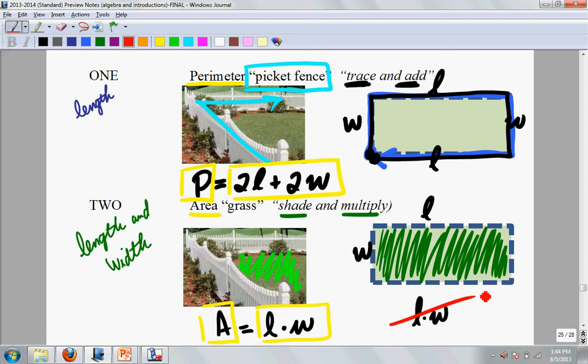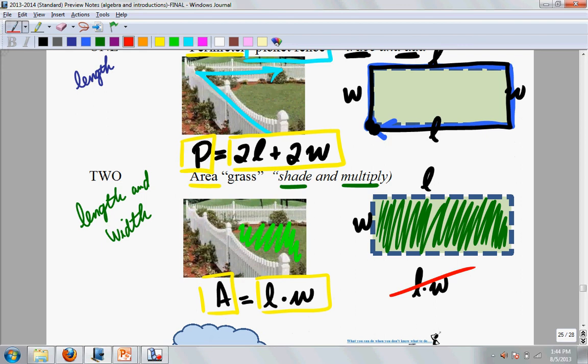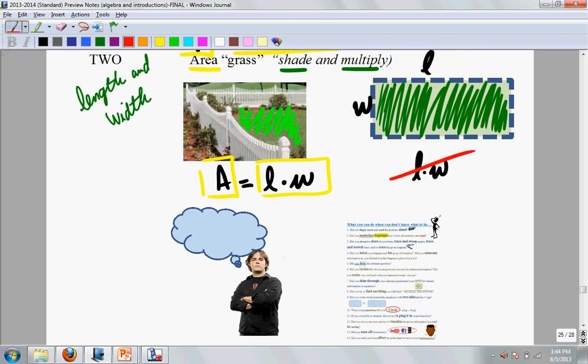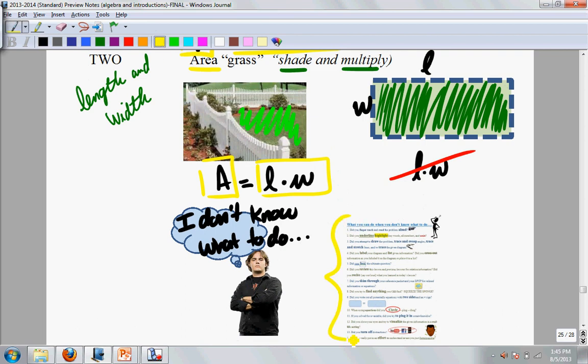Okay, let's put some of what we just learned to practice. Whenever you get stuck, I don't know what to do, I'd like you to get this list out. You got it first day of school. It's all colored and nice. I gave you a cover slip to protect it.